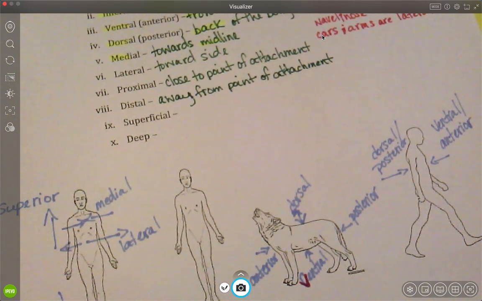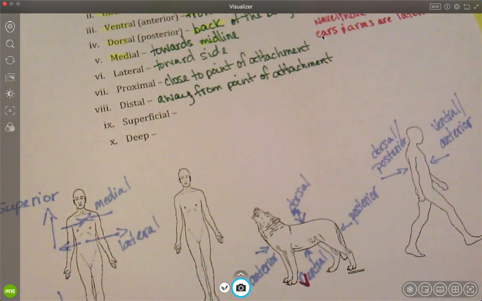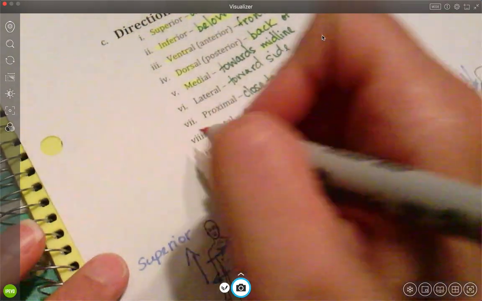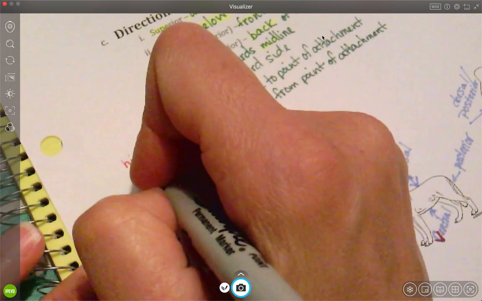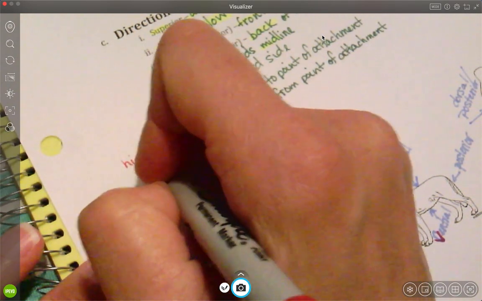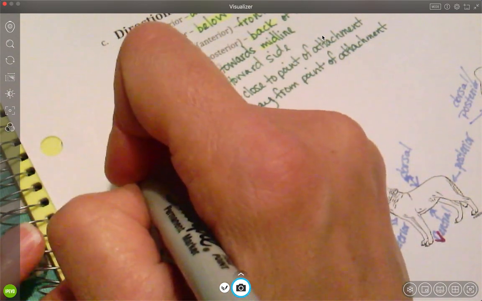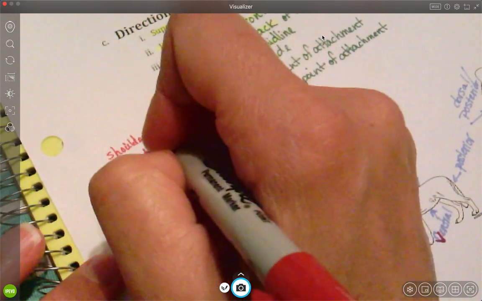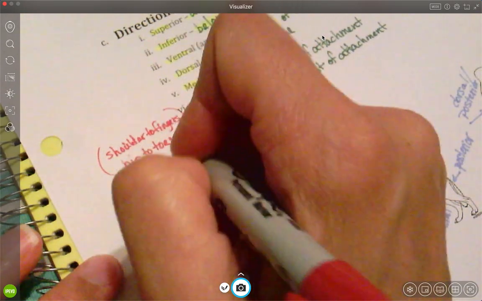So when we talk about this, the big thing that we understand with this, and I'll write this on the side, is this is hip to toes or shoulder to fingers. Okay?